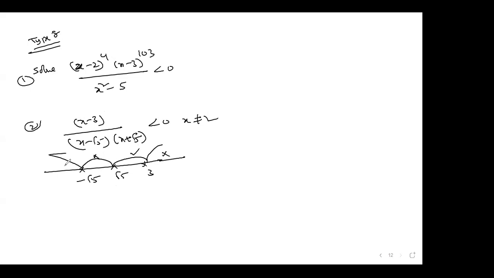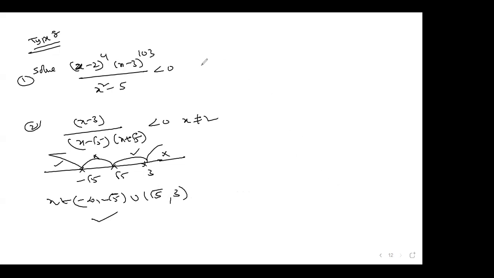No, yes, no, yes. So x belongs to minus infinity to minus root 5 union root 5 to 3. Correct or wrong? So 2 is not involved now here. So this is correct.